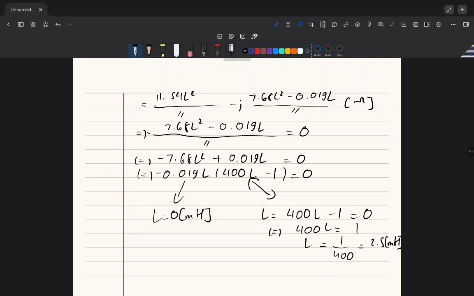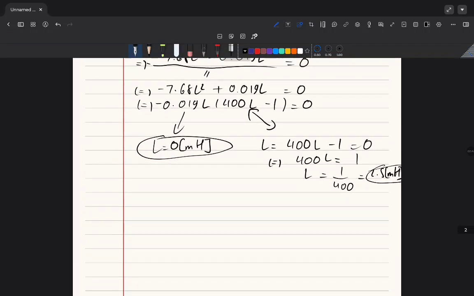These two are the answers to our question. So for the current to be in phase, the inductor value is either 0 or 2.5 millihenries. Yay!